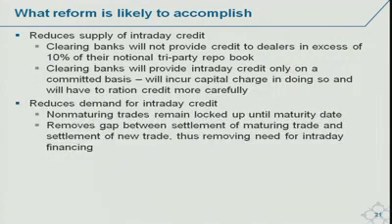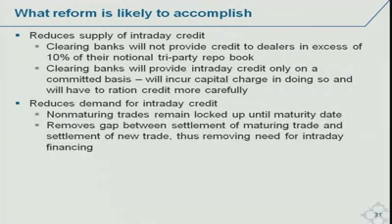So what we think reform will accomplish, as I noted a minute ago, is that it really will go a long way to reduce the supply of intraday credit. One goal that we have is that clearing banks will not provide credit to dealers in excess of 10% of their notional repo books. In fact, clearing banks may, in the end, choose to provide even less than that, but certainly no more than 10%. Whereas, until a couple of months ago, they were providing 100%.